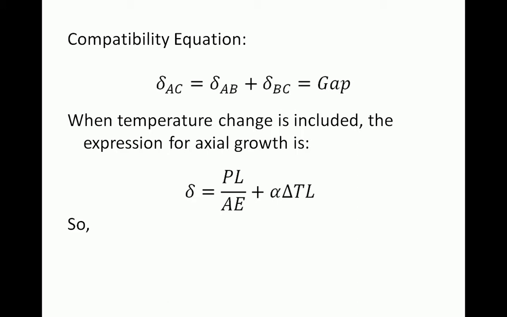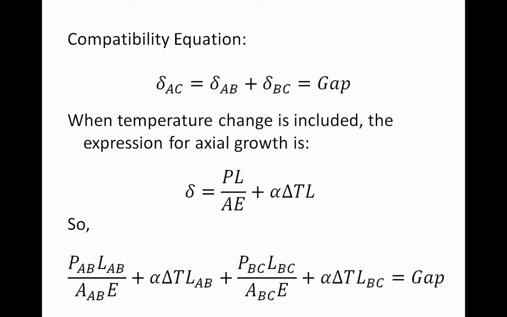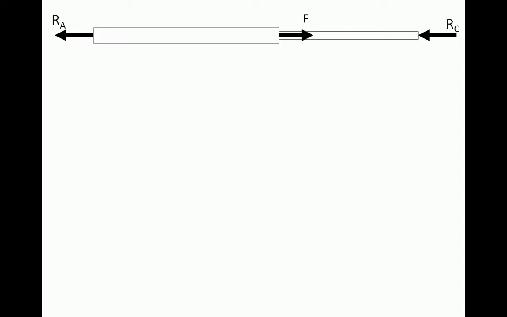So if we look at the two segments, we've got lengthy equations, but all it is is the deflection of the left segment plus the deflection of the right segment is equal to the gap.